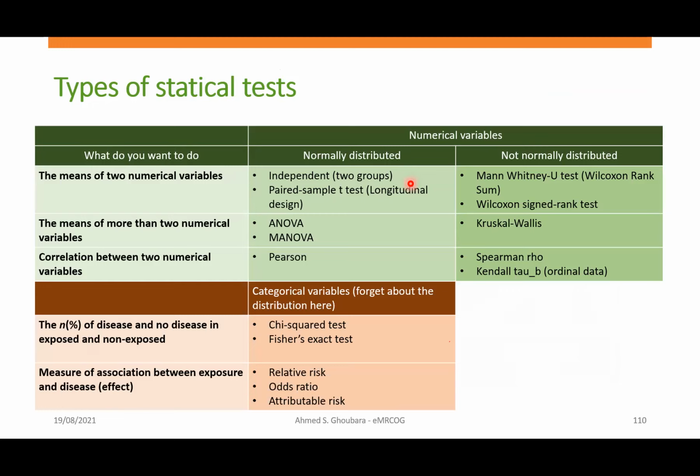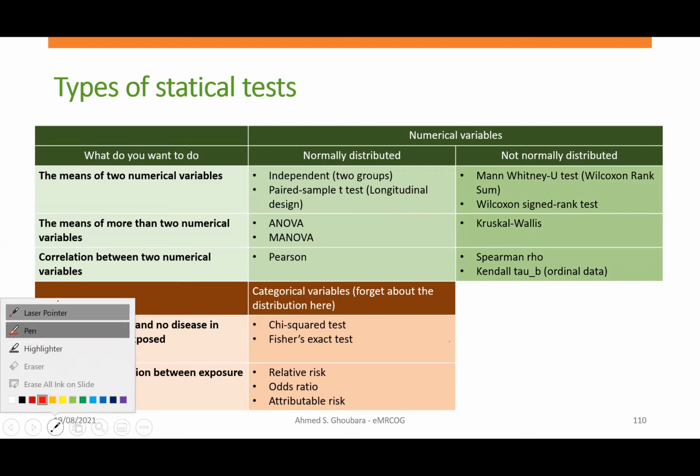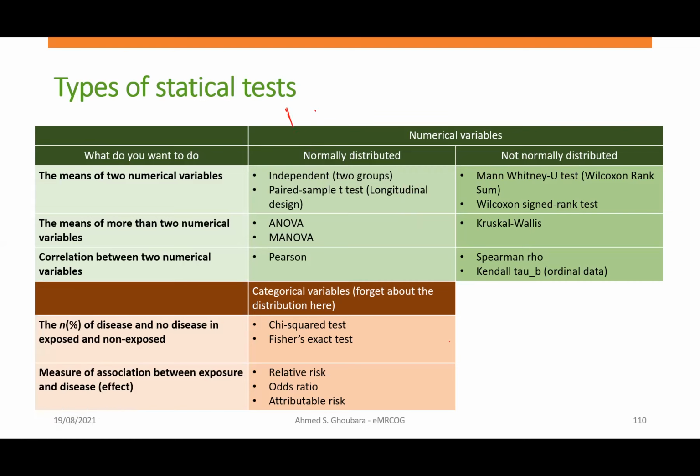If the data is normally distributed, we use tests that are called parametric tests. If the data are not normally distributed, we use tests to compare between the groups called non-parametric tests.